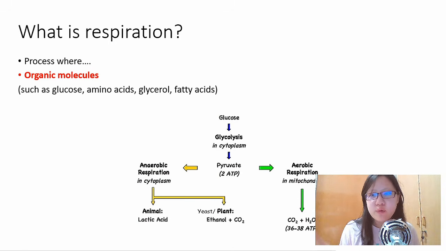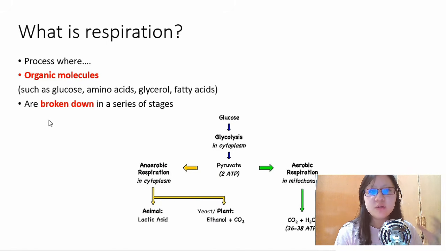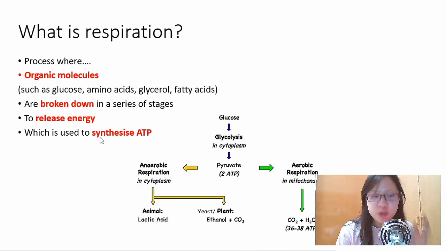Glucose is just the primary example that we like to use because it's simple and elegant, but other ones also can. So organic molecules, whatever you eat and break down, are broken down even more in a series of stages. It's a multiple step reaction to release energy, which is used to synthesize ATP. So respiration, the point of it is to synthesize ATP. Break the organic molecules down to synthesize ATP.